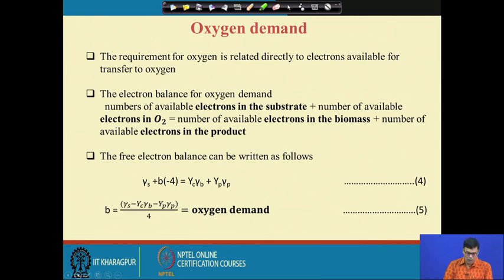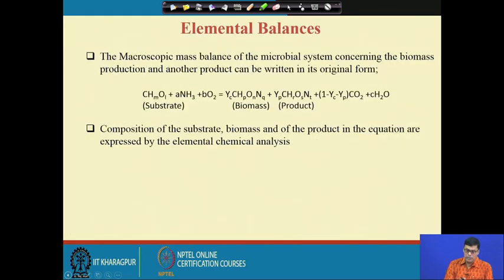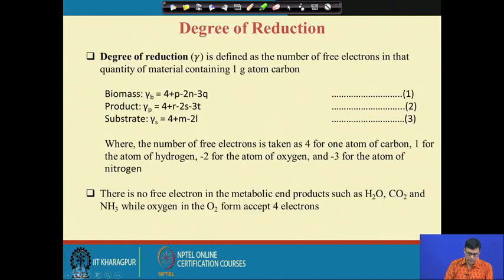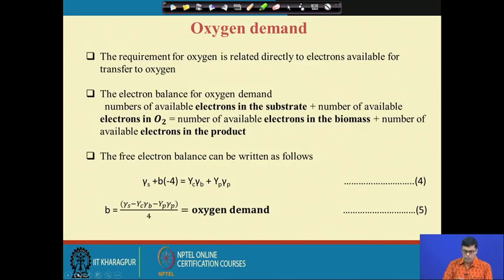I have already shown that our common equation is this: substrate plus ammonia plus oxygen gives biomass, product and carbon dioxide. Now, if we do the balance, this is with respect to the substrate. This is the degree of reduction of the substrate. Then we know that one O2 can accept 4 electrons.